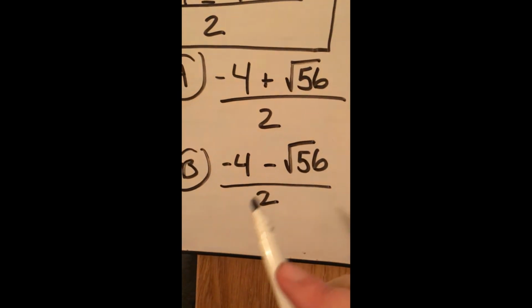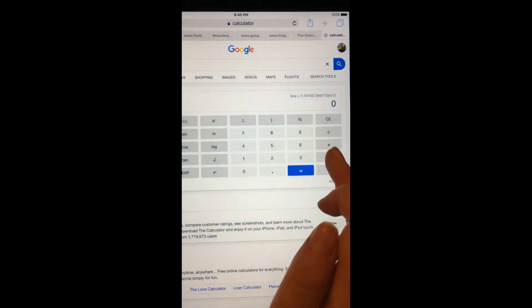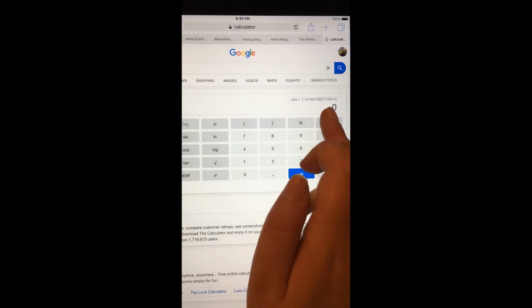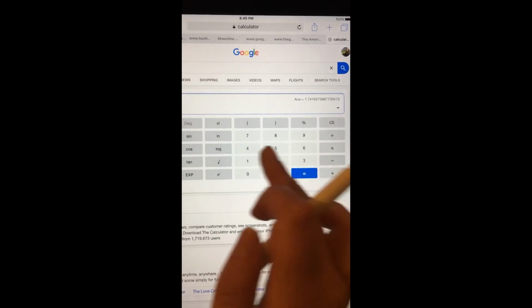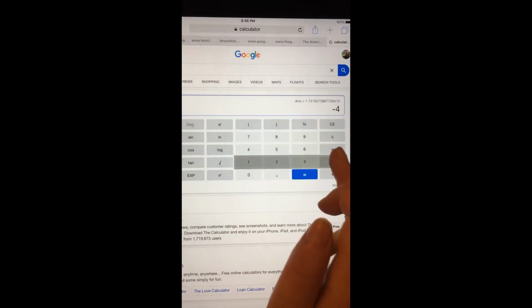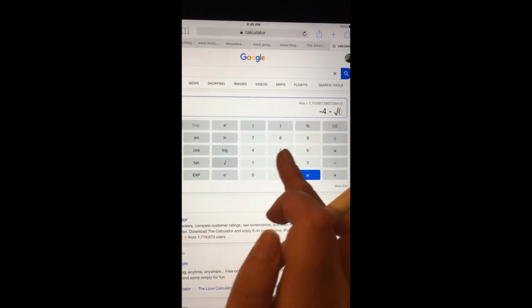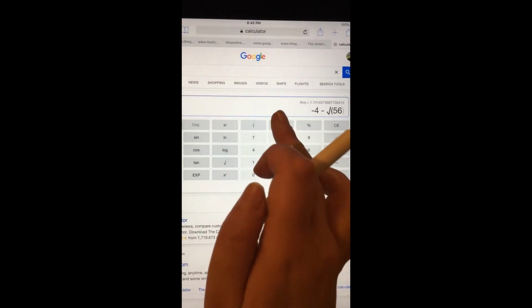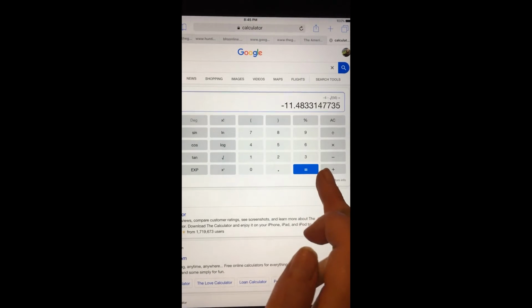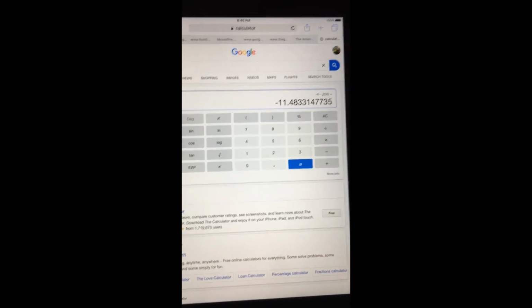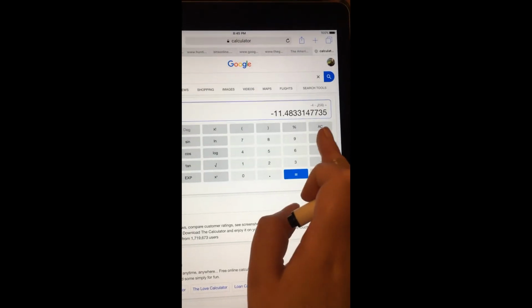All right, so let's do the next one. Negative 4 minus the square root of 56. Make sure you do the top part first, then divide by 2.